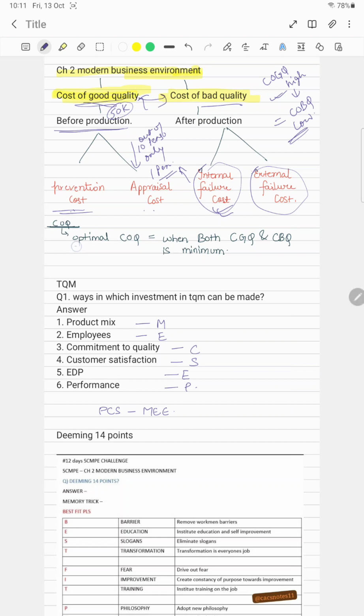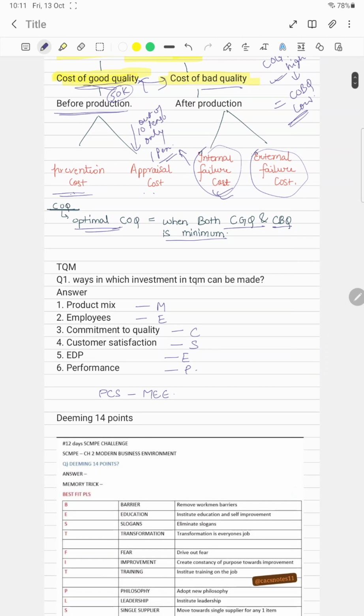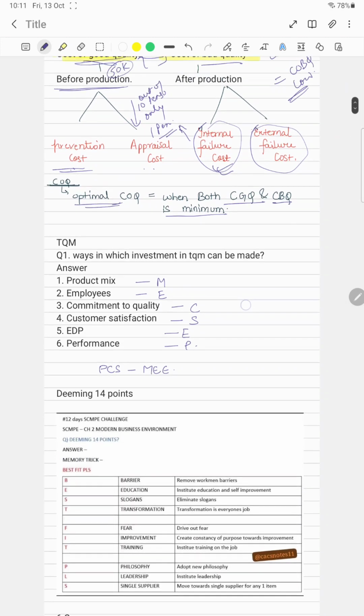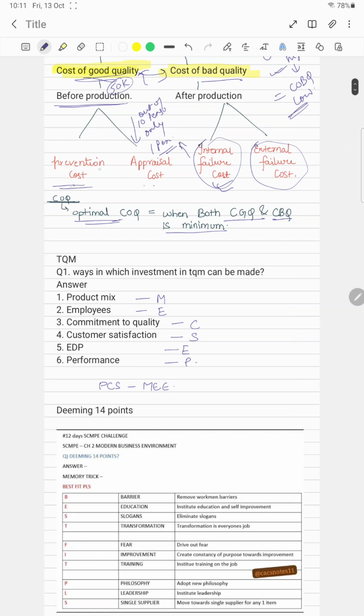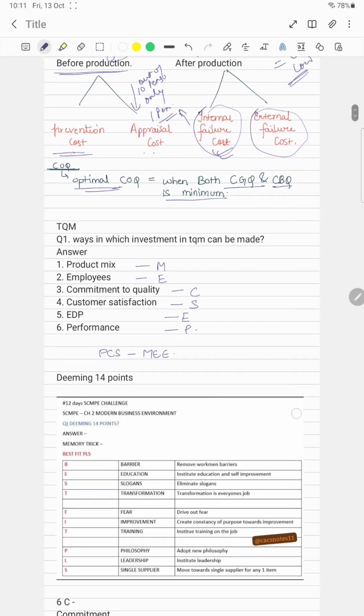Now what is optimal cost of quality? That is from a financial perspective. When both the cost of good quality and cost of bad quality are at a minimum, then that is called the optimal cost of quality. But make sure that you learn the examples of all this: prevention cost, appraisal cost, internal failure cost, and external failure cost.